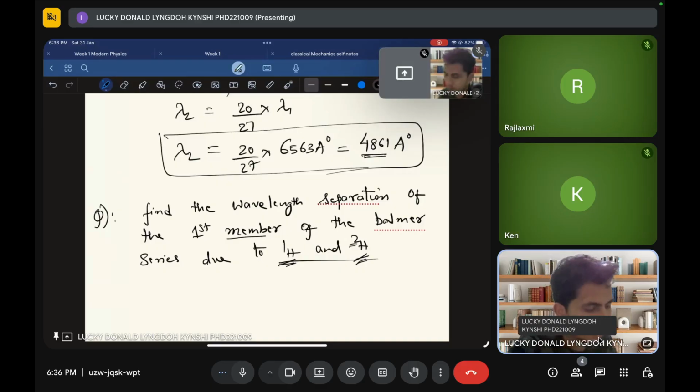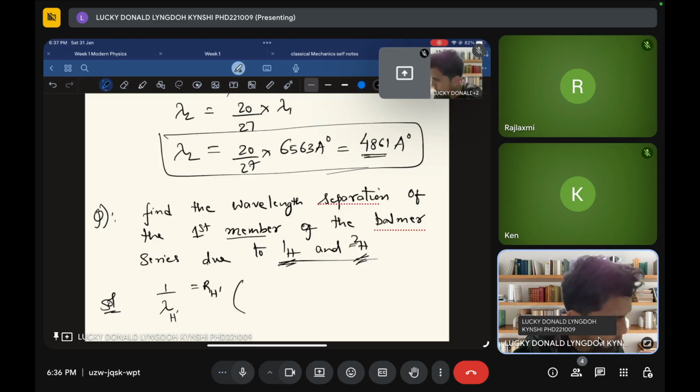But first member means the transition from n equal to 3 to n equal to 2. Remember, in the Balmer series the final state is fixed, nf is equal to 2. So the solution: 1 by lambda for hydrogen 1 equals R hydrogen 1 into 1 by 2 square minus 1 by 3 square, which is the same thing.